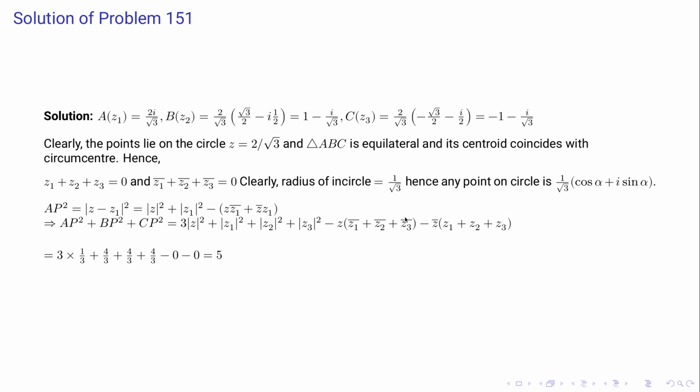Now these terms will be 0, and the radius of the incircle, that is mod Z, would be 1 by square root of 3, so 3 mod Z square is 1. Mod Z1 square plus mod Z2 square plus mod Z3 square would be 4 by 3 times 3, which is 4. So the total sum is 5.